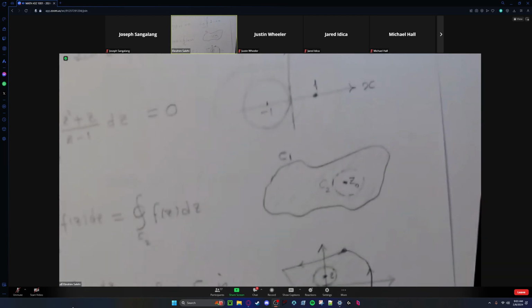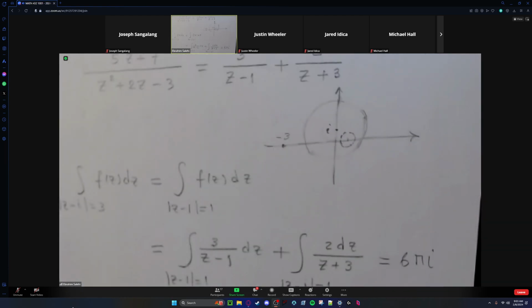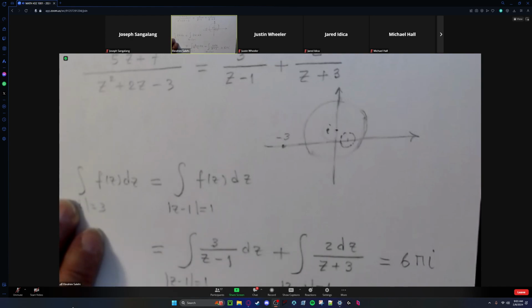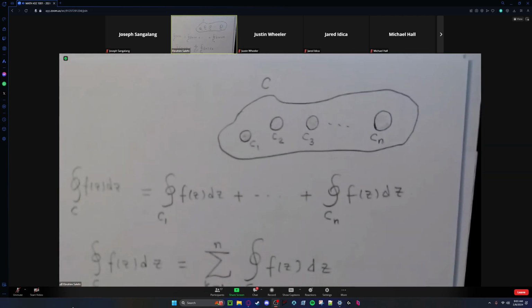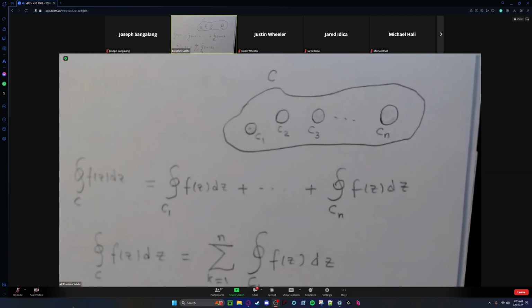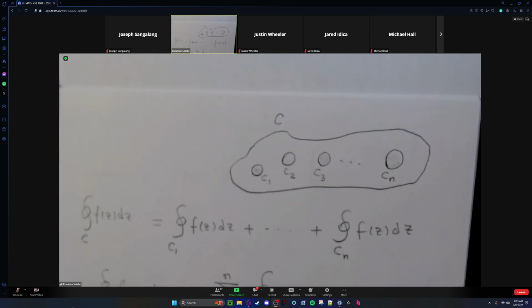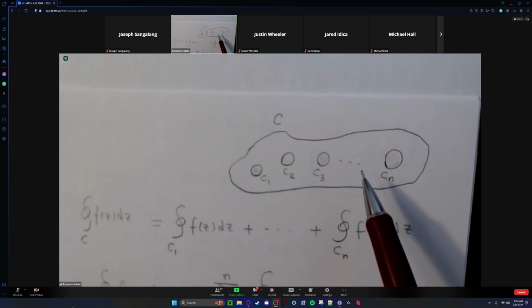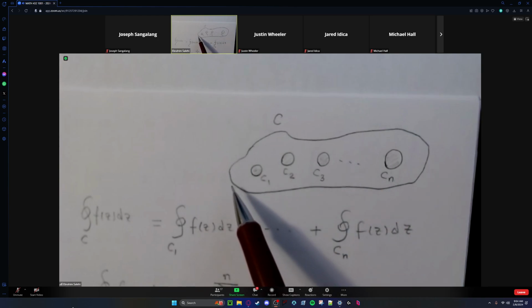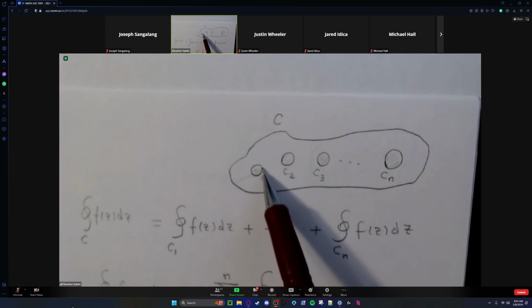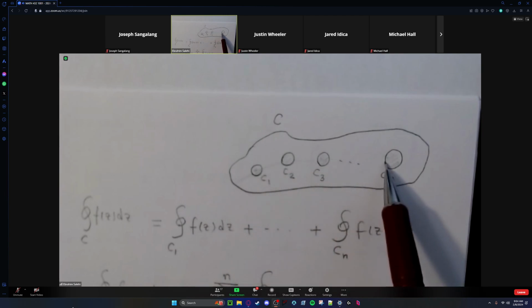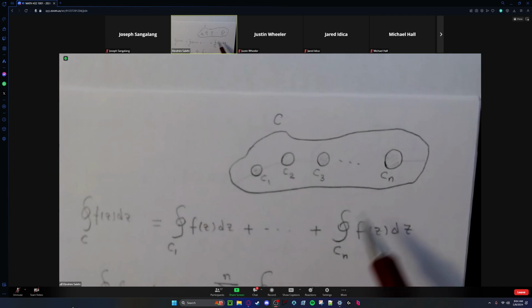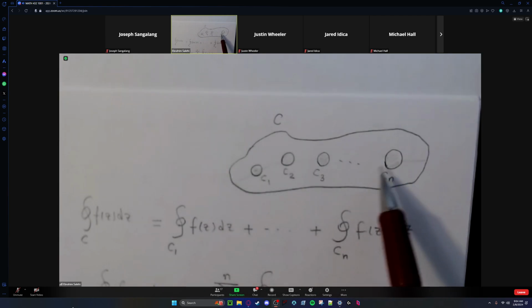There are very nice consequences. By the way, I talked about one hole, but there could be several holes. In fact, there could be n different holes. So what we do, we make this cut here like this, and apply these cuts.